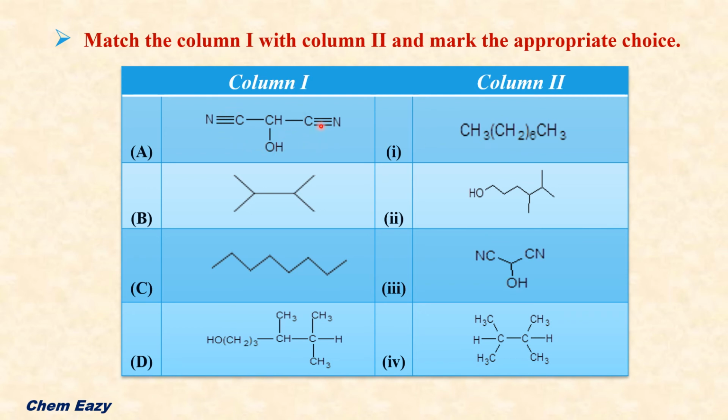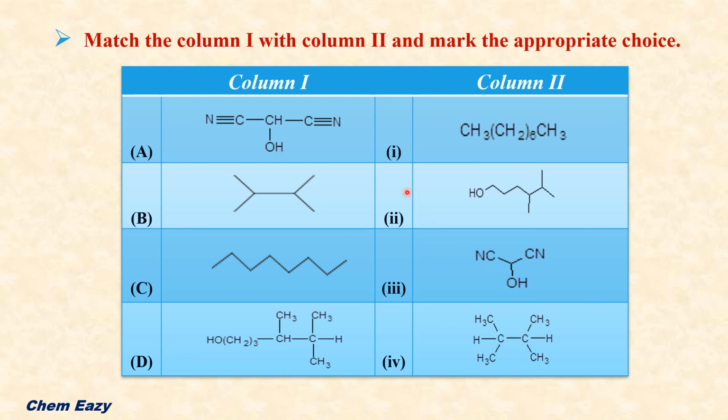You see this structure in column 1, that is the structure A. Which structure matches with this structure A from column 2? So this is the condensed structural formula, and here in column 2 this structure 3 matches with structure A. It means for this condensed structural formula, this is the bond line structural formula.